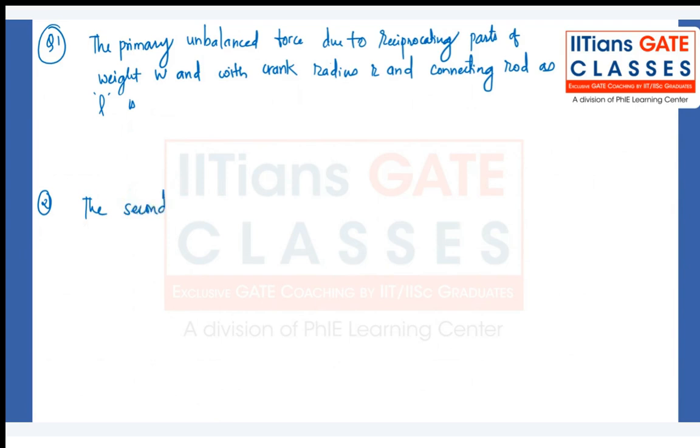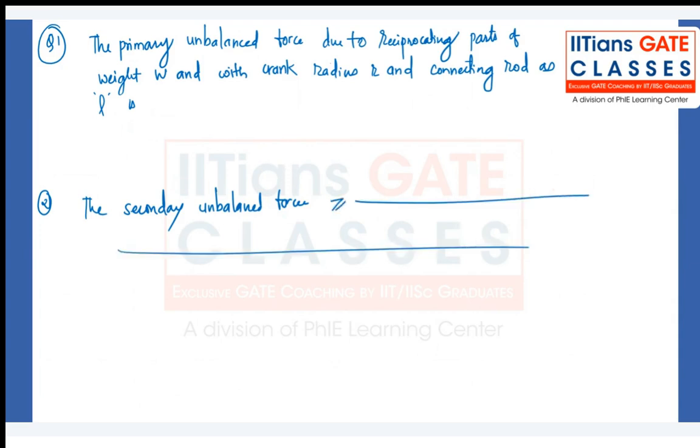They have given options, but I'll directly write the solution. The other things are the same, secondary unbalanced force. So you should know, as far as reciprocating masses are concerned, what is the primary unbalanced force and the secondary unbalanced force. The primary unbalanced force is W by g, or let's say MR omega square cos of theta.